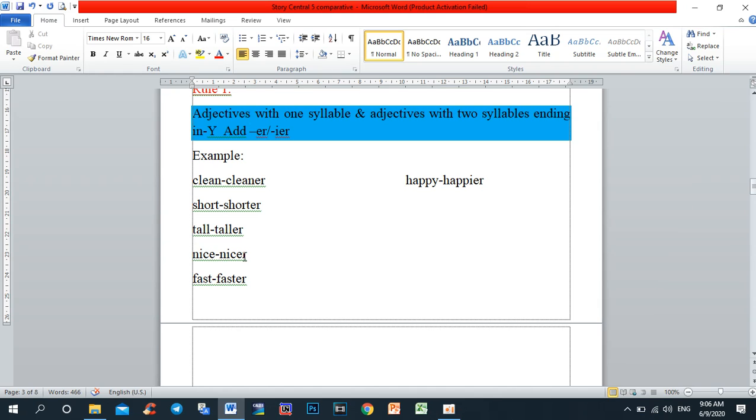Nice, nicer. Fast, faster. And the word happy ends with the letter y, so you have to change y and then add ier. So happy changes to happier. Yes. Clean, cleaner. Short, shorter. Tall, taller. Nice, nicer. Fast, faster.